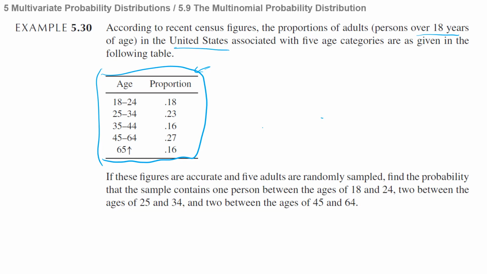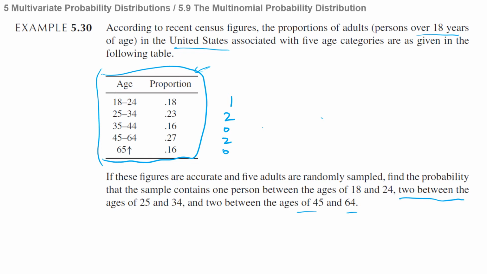If these figures are accurate and 5 adults are randomly sampled, find the probability that the sample contains one person between the age of 18 and 24, two between the age of 25 and 34, and two between the age of 45 to 64. The others are 0.